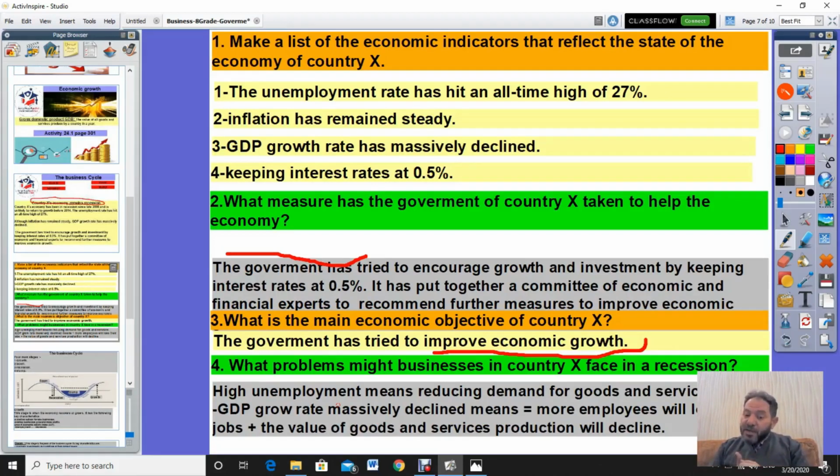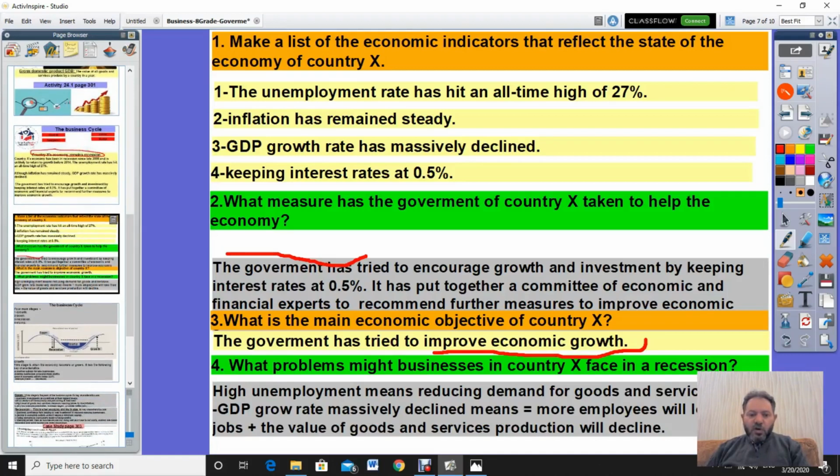A massive decline in GDP growth rate means that more employees will lose their jobs. The value of goods and services production will decline. So many bad things will affect the economy when country X faces a recession. Okay, these are all the answers of activity 24.1.